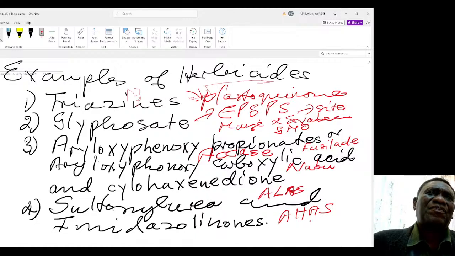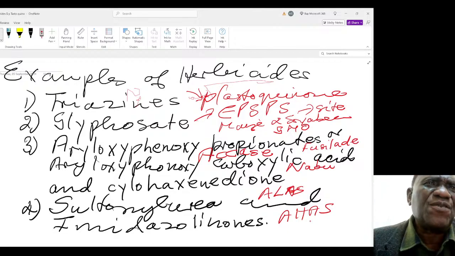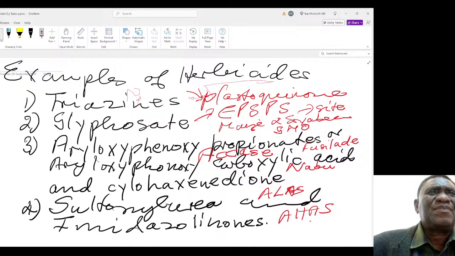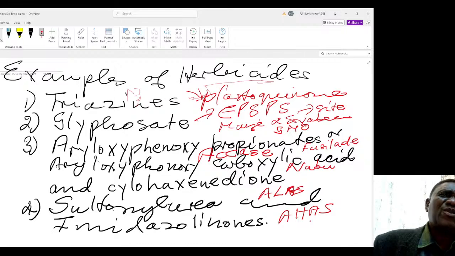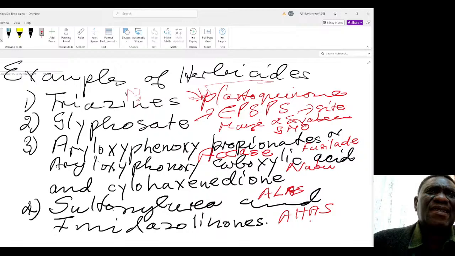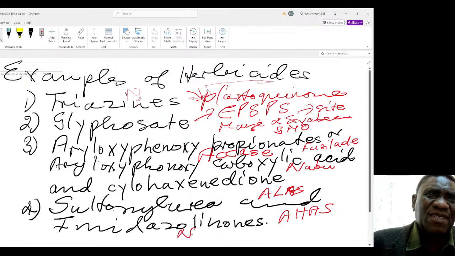But I want to talk about a sulfonylurea herbicide which can also be used in maize, known as nicosulfuron.